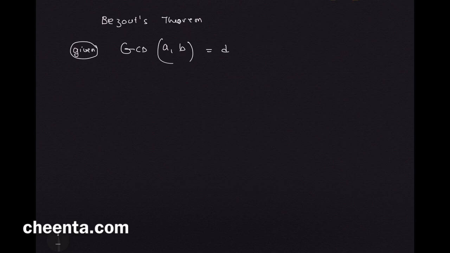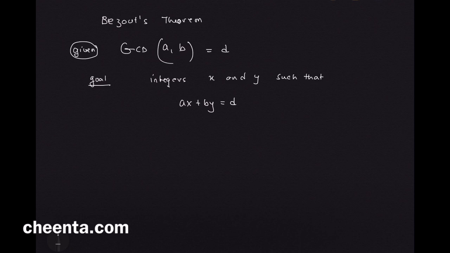In Bezout's theorem, we want to show that if a and b are two integers whose GCD is d, this is given, then there are integers x and y such that ax plus by is equal to d.